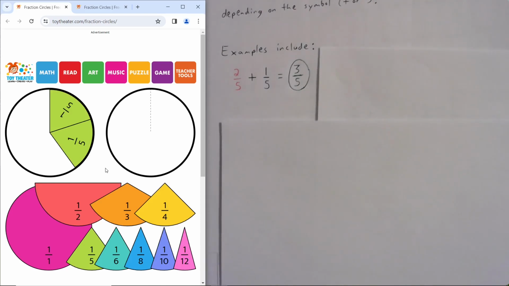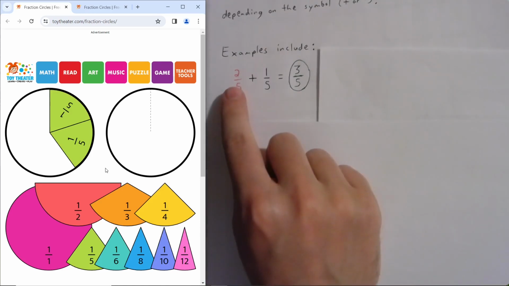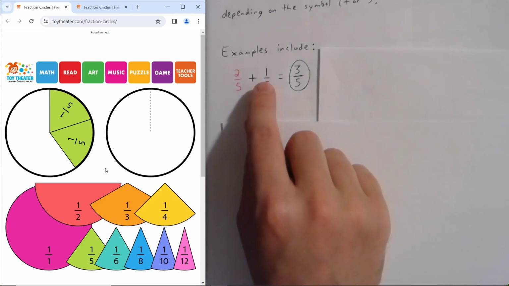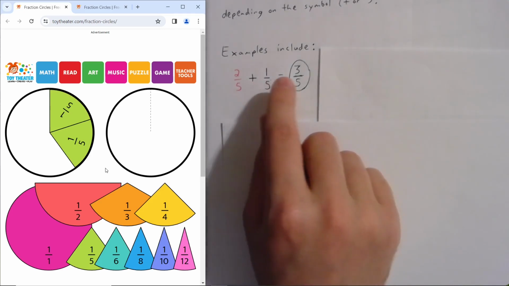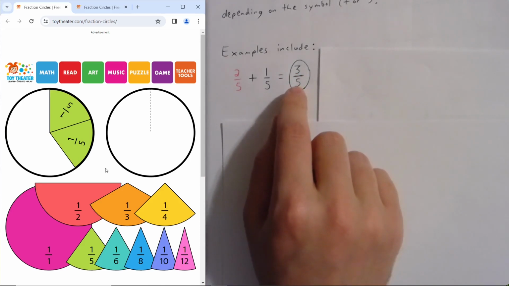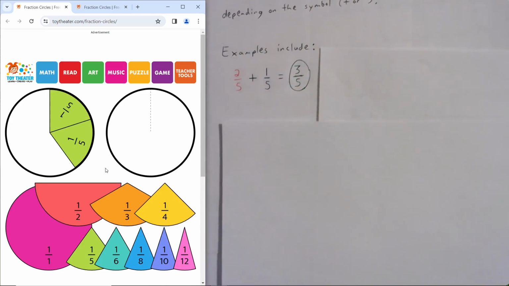So first, 2/5 plus 1/5. 2 parts that are a fifth in size plus 1 part that's a fifth in size gives you 3 parts that are a fifth in size. Let's take a look over on the left at how that works. So we have 2 parts. Each of those parts is a fifth in size, or 1/5.